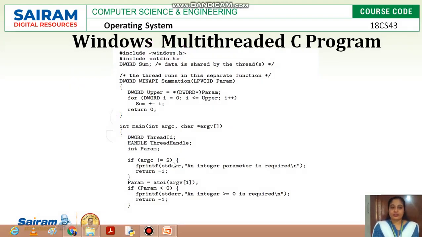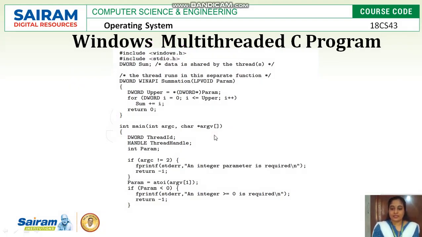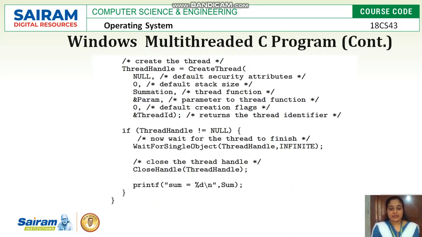If valid input is given to the program, then we use the thread handle to create a thread. The thread handle will create a thread with the function call CreateThread. CreateThread is a function call, and parameter 1 is NULL, the default security attribute. Then we have the stack size as default, 0 as the default stack size, Summation as the function called.